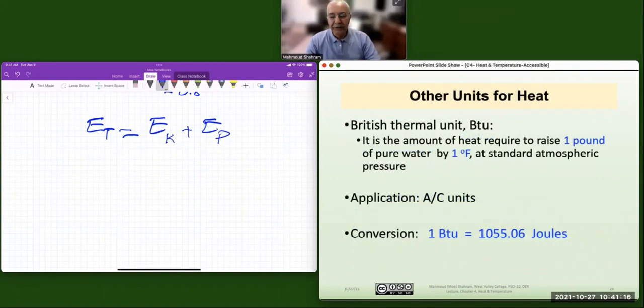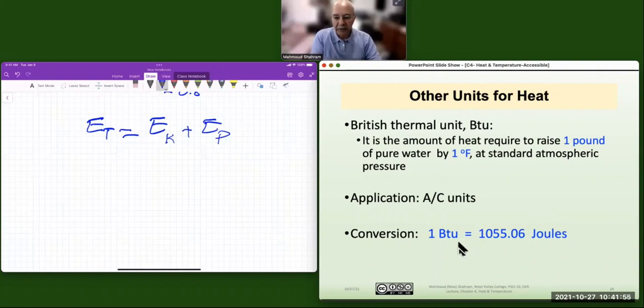There are other units of heat when you deal with air conditioning and things like that, called BTU, the British thermal unit. Its definition is the amount of heat energy required to raise 1 pound of water by 1 degree Fahrenheit, again at standard atmospheric pressure.